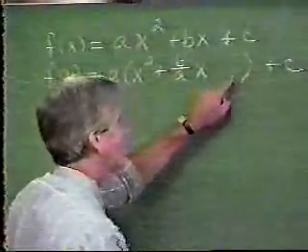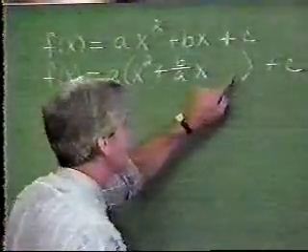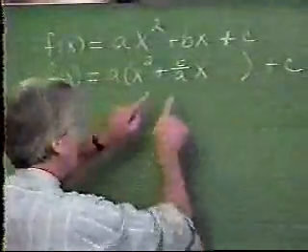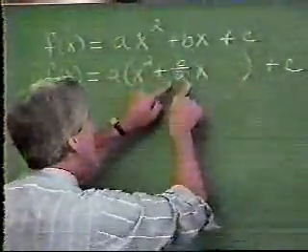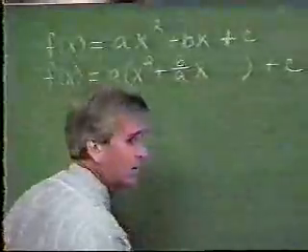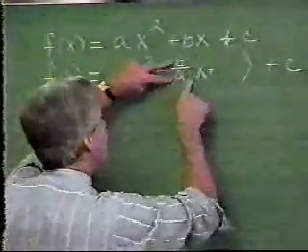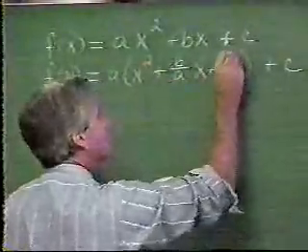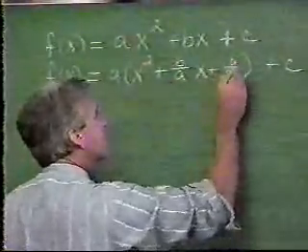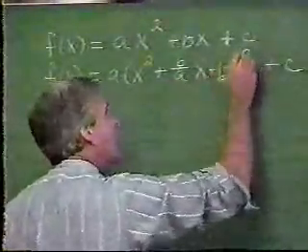All right, now I want to identify the amount that I'm going to place in here as my new constant term. And that amount is half of b over a, squared. So I'm going to add half of b over a. Half of b over a, that's b over 2a. So this is b over 2a squared inside here.